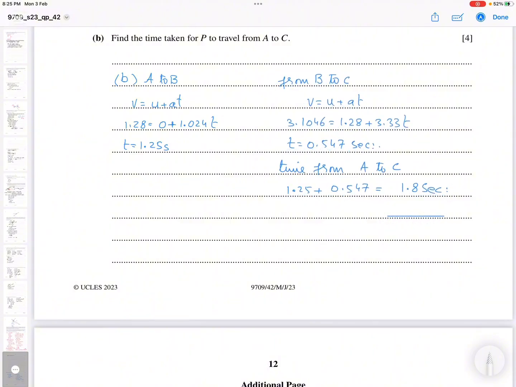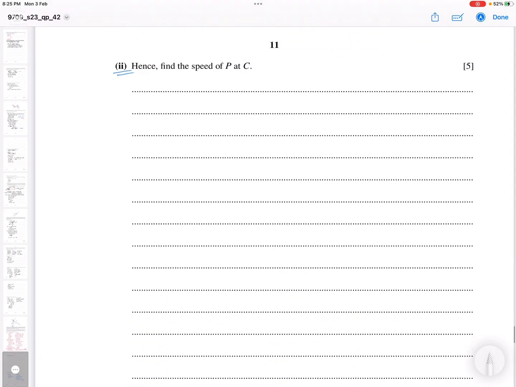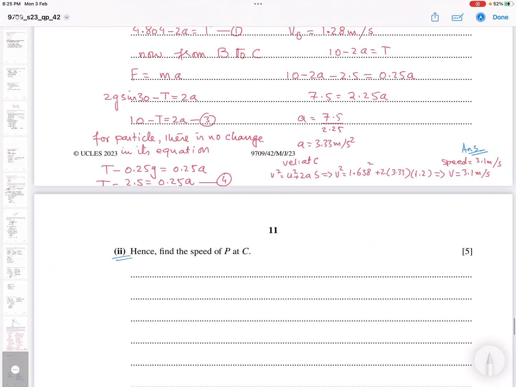This is our part B, and I have done part 2 in red.